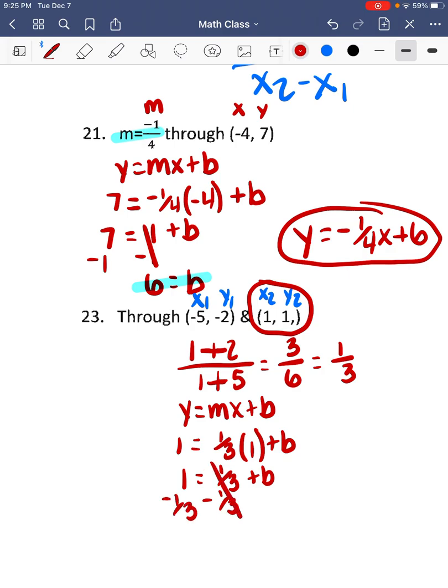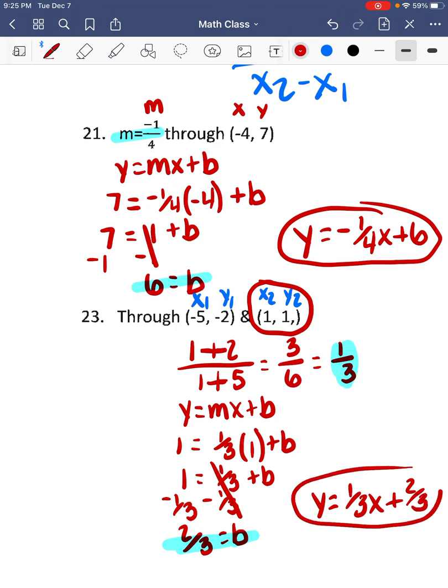Once you type 1 minus 1/3 in your calculator, you should be getting 2/3 equals your b. So your final equation should be y equals this and this. 1/3 x plus 2/3.